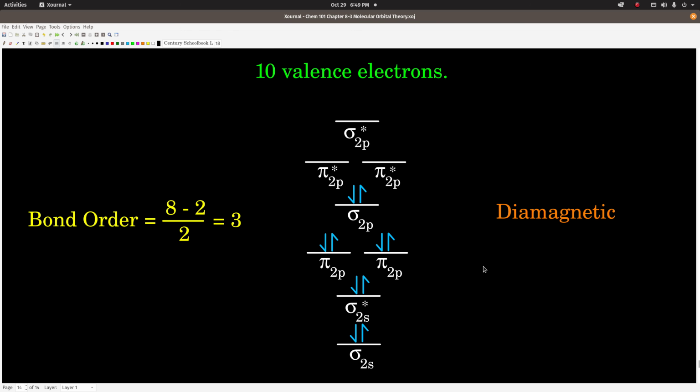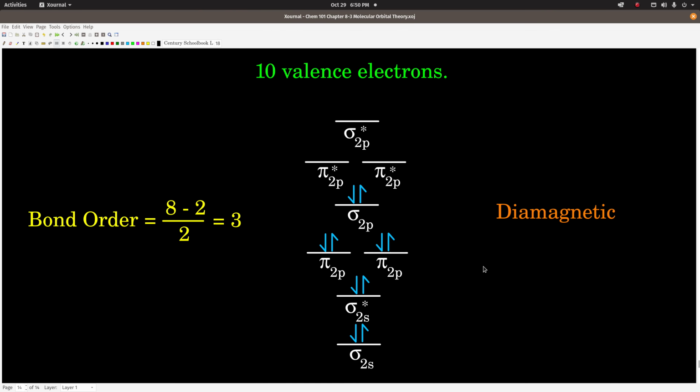Now, a good practice for you would be to write out the molecular orbital energy level diagram for the oxygen molecule, O2, and then you'll see that it is predicted to be paramagnetic by molecular orbital theory, and thus it matches experiment. So in this scenario, it works better than hybridization theory.